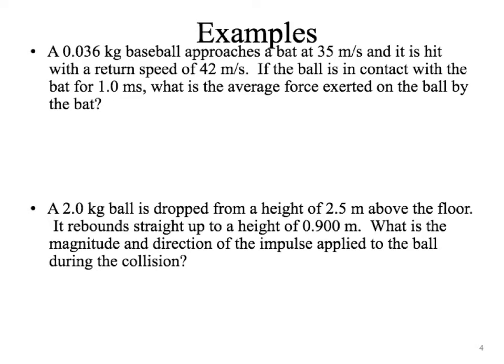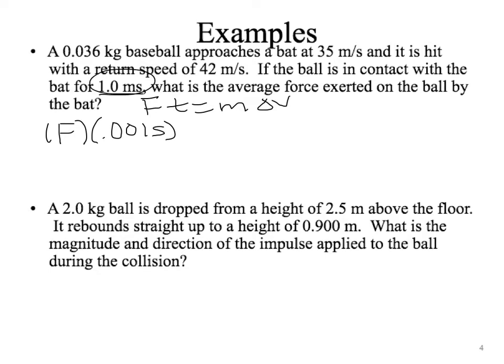I'm going to show you how you're going to do it because this is based on direction. So I've got force times time is equal to mass times the change in velocity, or the change in momentum. All right, so we're wondering about the force here. We've got a stopping time of 1 millisecond or 0.001 seconds.